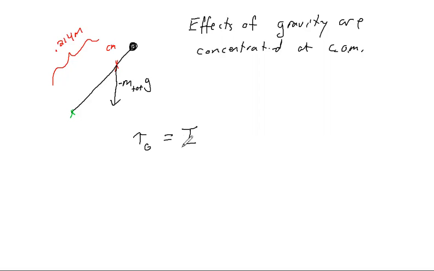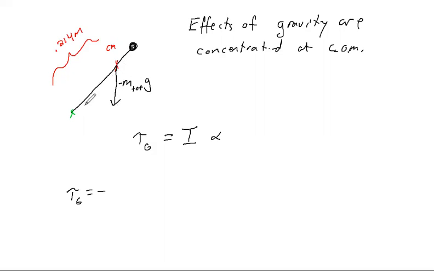So we'll have to solve for I, the moment of inertia, times alpha. The torque due to gravity: gravity makes it want to rotate in a clockwise fashion, so the torque is going to be negative. I only want the perpendicular part of the force.